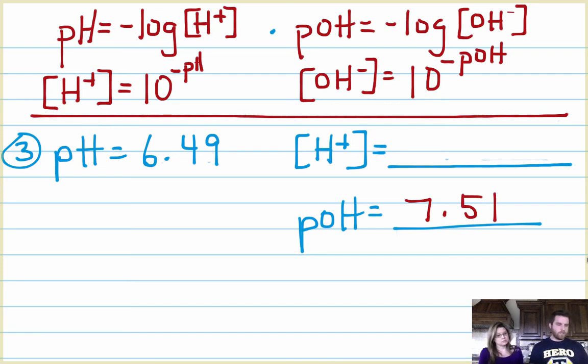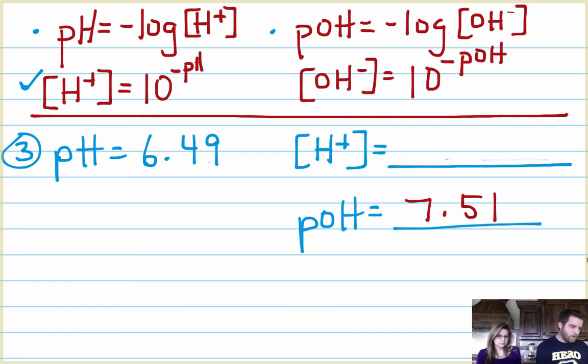Now, I have pH and I want H+. I can't use this formula because it is used if you are calculating pH. We're already given pH; I'm calculating hydrogen ion concentration. So let's use this one right here.